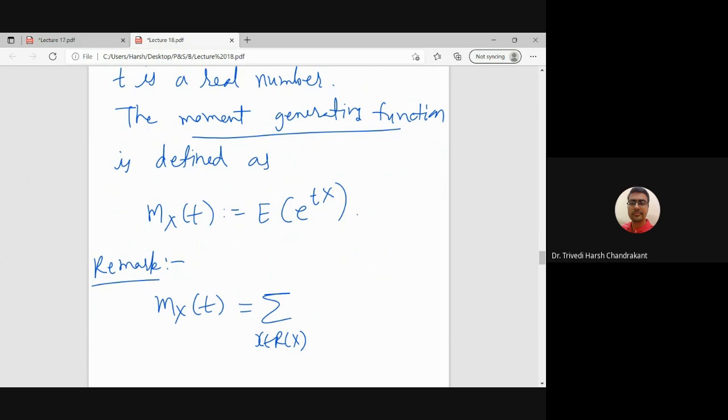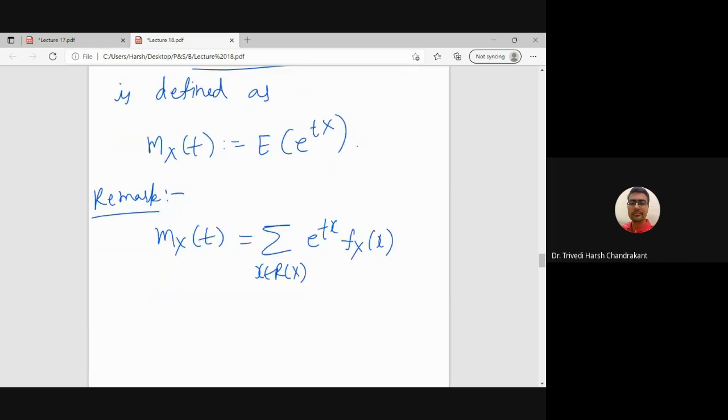So g of x is a new random variable, that is e power tx. So we have g(x) times f(x), that means e power tx times f(x). This is our discrete random variable case. And if we have the continuous case, what will come there? Integral, the same e power tx, same formula.